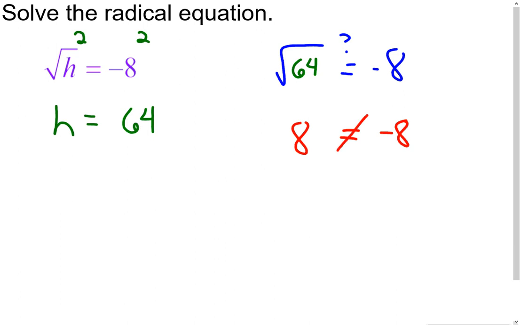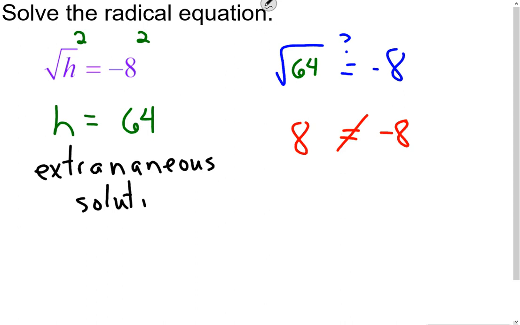So does that mean that I did something wrong when I solved my equation over here? No, I didn't. I look back and I go, I squared both sides. If I square the left side, I get h. I square the right side, negative 8 squared is 64. So what that's telling me is this h equal to 64 is an extraneous solution, an extra solution, which really means there's no solution to this equation.